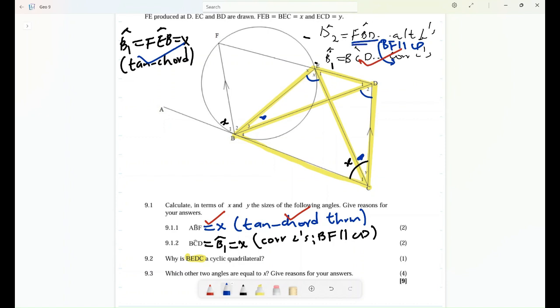But which FBD are we talking about? FBD, its angle is unknown, as well as D2, its angle is unknown. So I'm moving away from that. Now let's see, B3 is equal to Y. Have we proven anywhere that B3 is equal to Y? No, we haven't. All right, so we are running away from our bow tie.